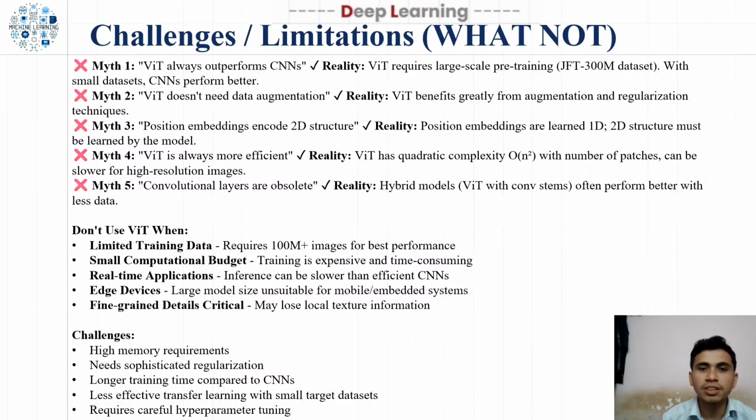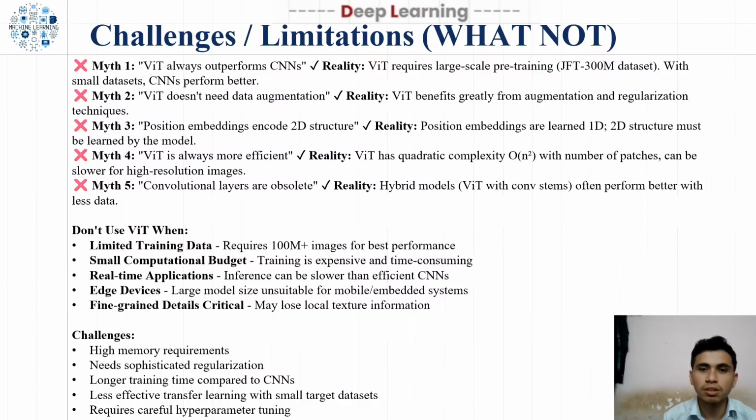The reality is that ViT requires large-scale pre-training on datasets like JFT-300M, with 300 million images. The second myth is that ViT doesn't need data augmentation. The reality is quite the opposite. ViT benefits greatly from augmentation techniques and regularization methods like dropout and stochastic depth.